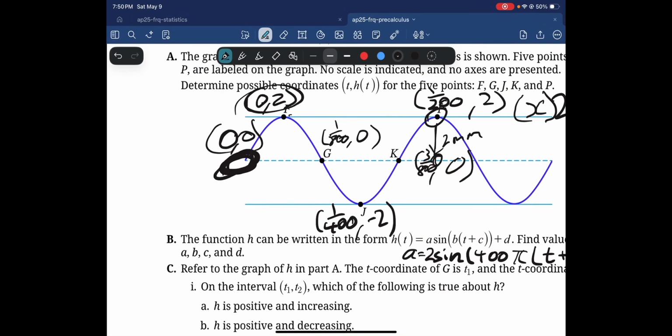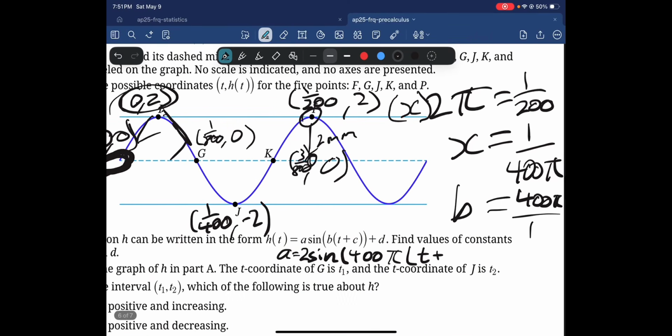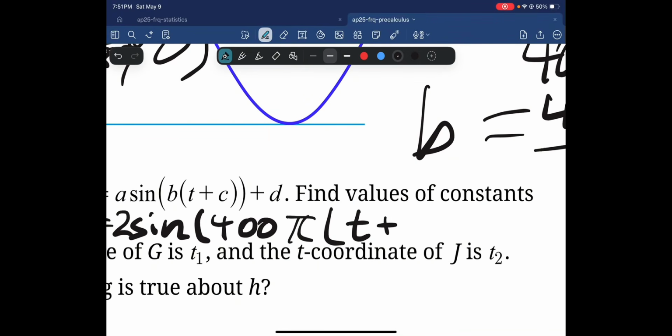But it doesn't. I guess it starts at negative 1 over 800. We know that because that's the distance between here and here. It has to be the same difference here and here. So we'll say that it shifted left 1 over 800, easy.